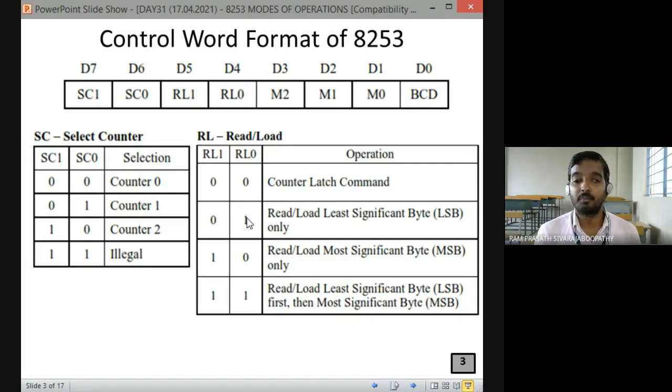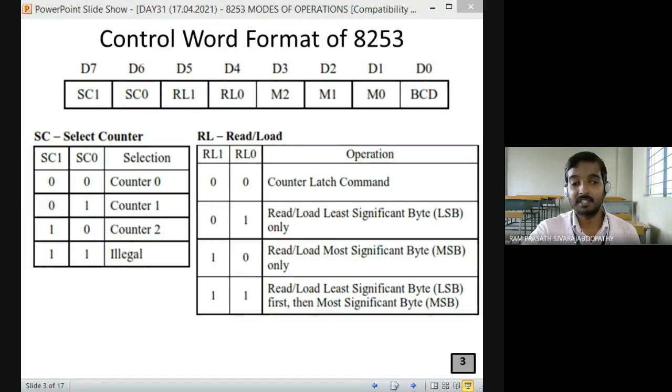If I want to do both, how can it be done? If I want to write a 16-bit count value, in which sequence should I write? Yes, first LSB, next MSB.